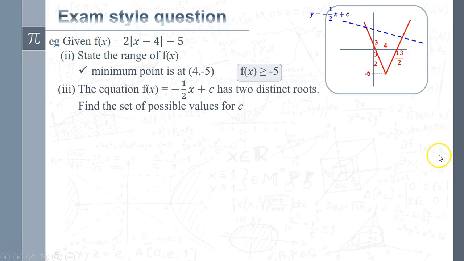But if we now just say, let's imagine just reducing that value of c. Reducing c would just kind of drop that line down. And so we get to that point there. And at this point here, we've got 1 root. So for any value of c that's above here, we're going to get 2 distinct roots. So we really need to know what is the value of c that makes my line here just kind of hit the minimum point there.